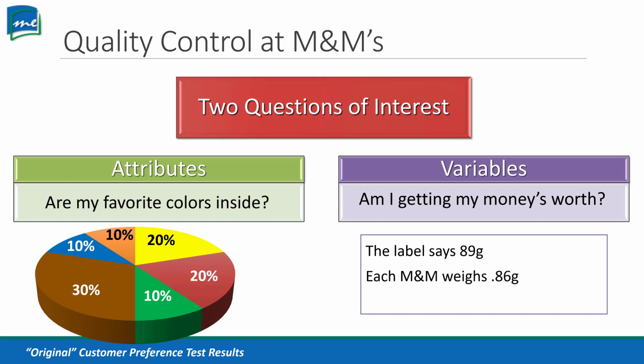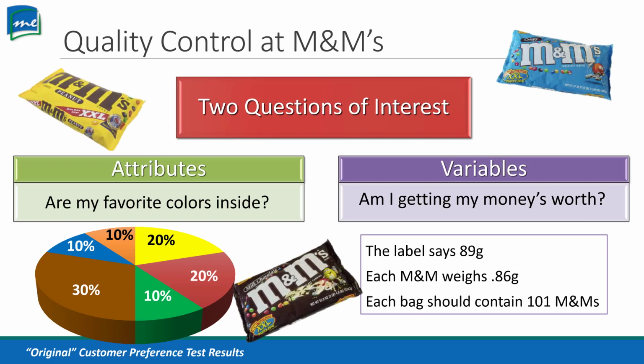Well, if we do the math, 89 divided by 0.86 comes up to roughly 101 M&Ms. So out of 101 M&Ms, if we're trying to go for 24% blue, we can figure out how many blue M&Ms should be in there. And we can do that for the rest of the colors, but I don't have the data for that.